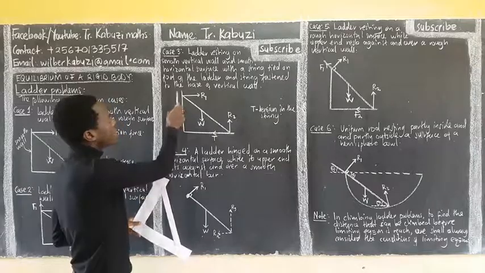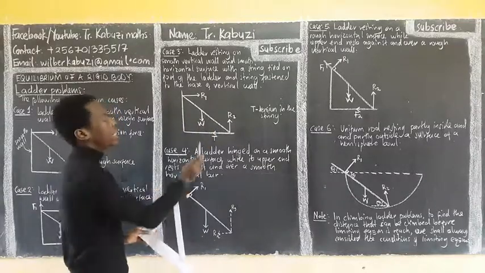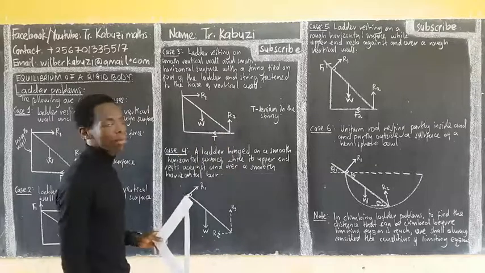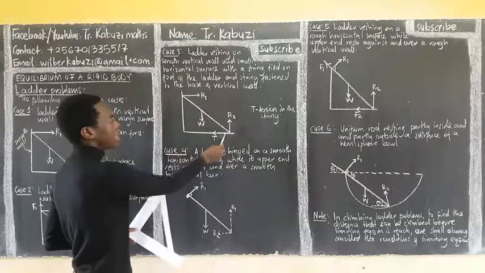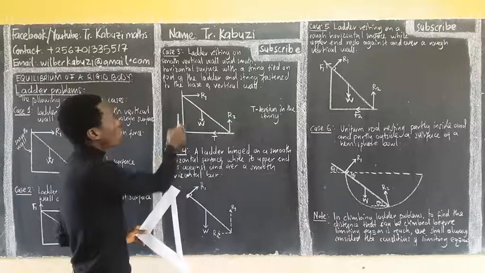Because this is smooth and this is smooth, we expect that the ladder is going to slide. To keep it in equilibrium, we shall tie something so that this end cannot move, to avoid that sliding. We are tying this string at the base of the vertical wall.